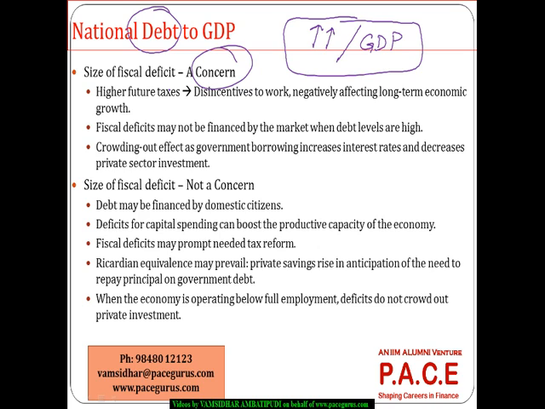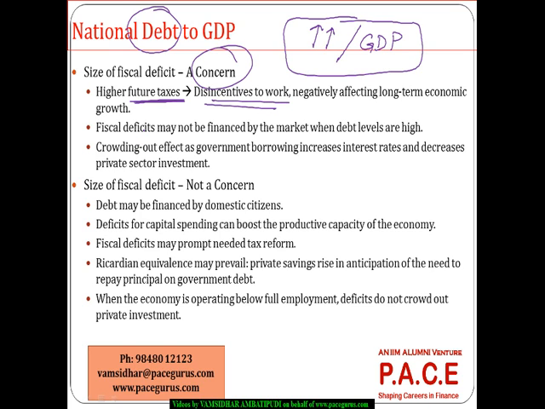The proportion of debt as a percentage of the GDP should not be that high, because right now the debt is much higher, so in the future, the taxes could be much higher. And if the taxes are much higher in future, people will be demotivated to work.